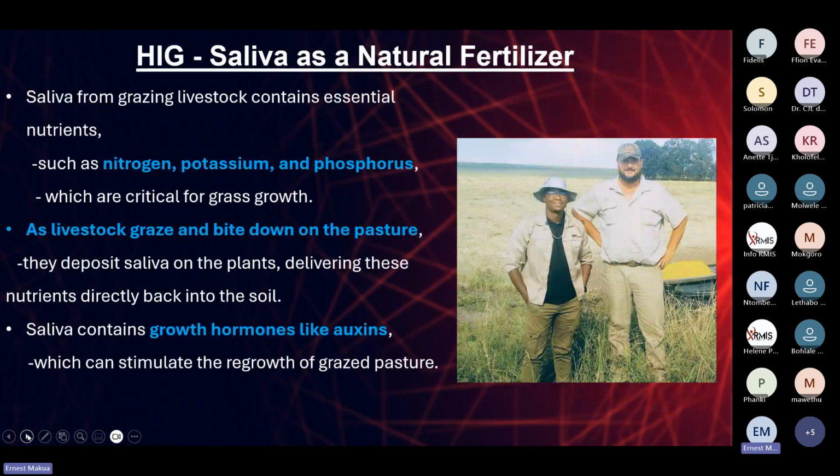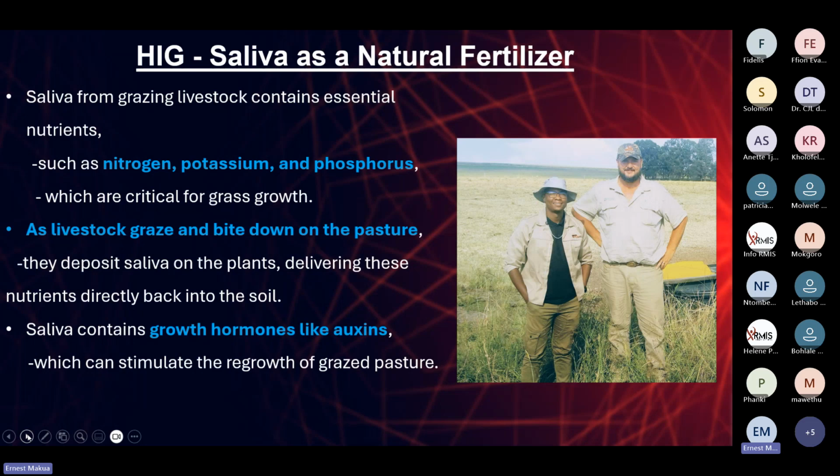So now let's talk about the saliva under high intensity grazing. Like I said previously on the previous slide, saliva from grazing livestock contains essential nutrients such as nitrogen, potassium and phosphorus, which are very critical for grass growth.